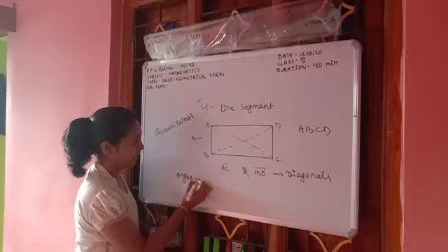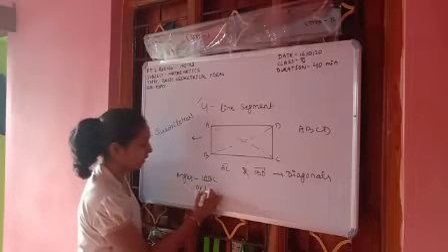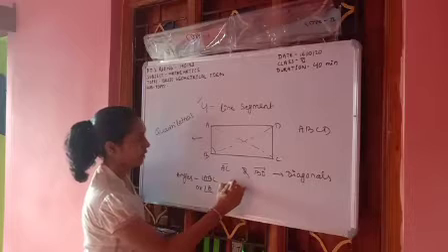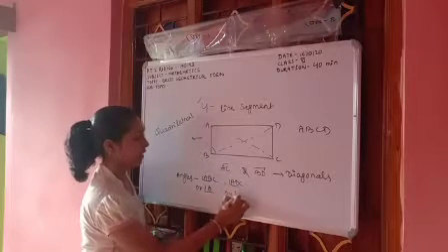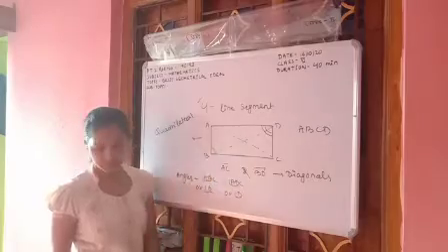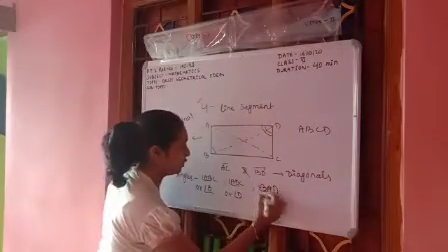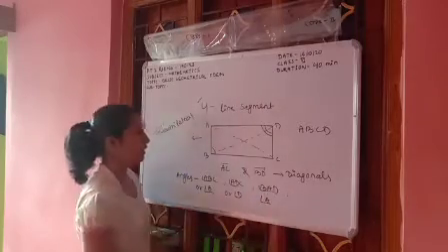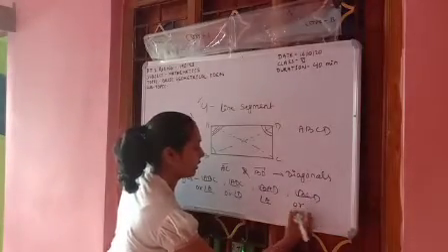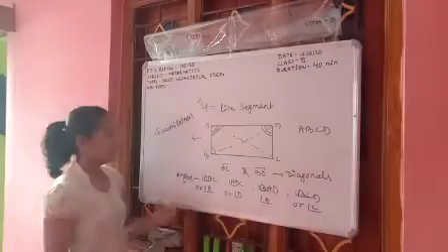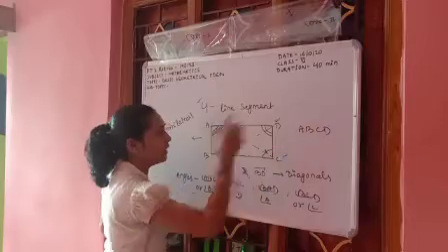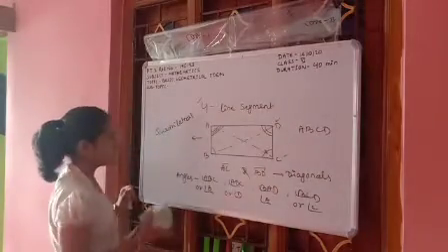Angle ABC, or in short form angle B. Then angle ADC, or angle D. Then another angle BAD, or angle A. Then another angle BCD, or angle C. These are the angles: angle A, angle B, angle C and angle D.